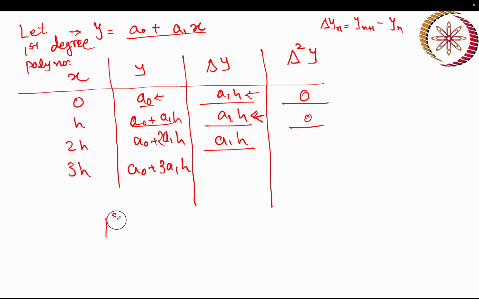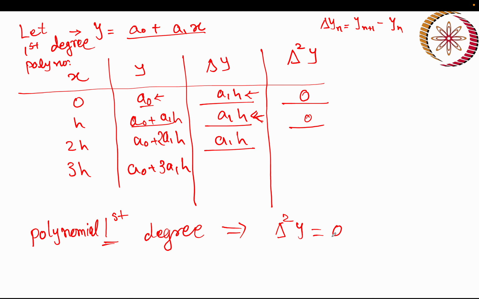So when we consider the first, so if the polynomial is first degree, then what we found is delta square y is equal to 0.